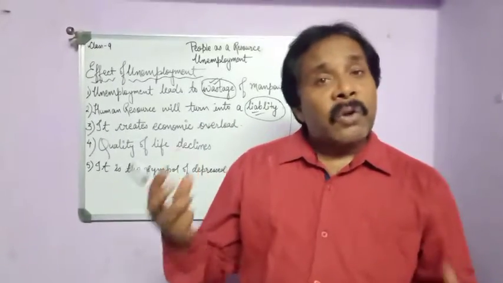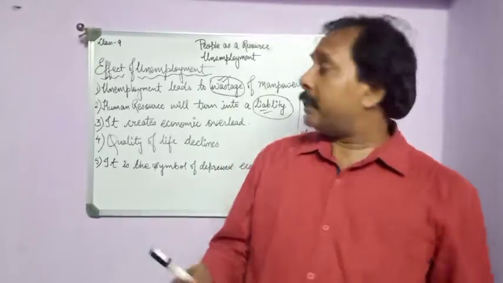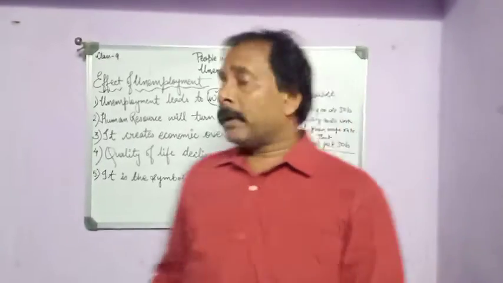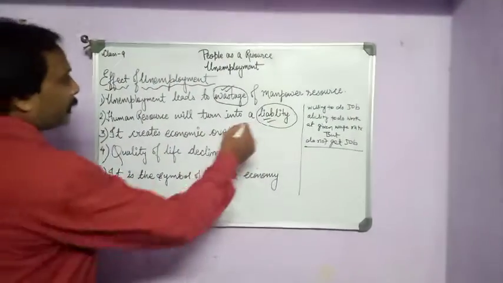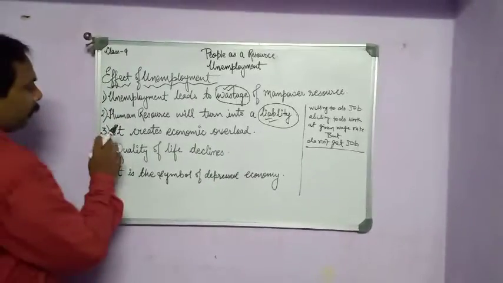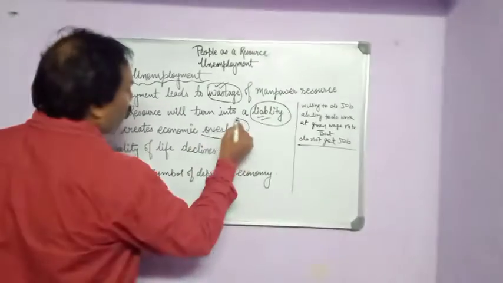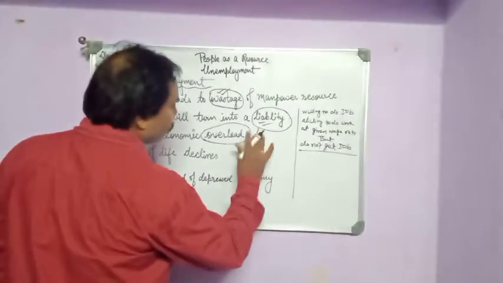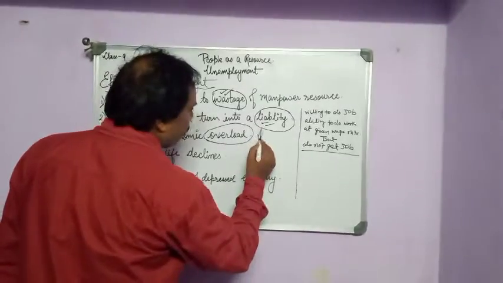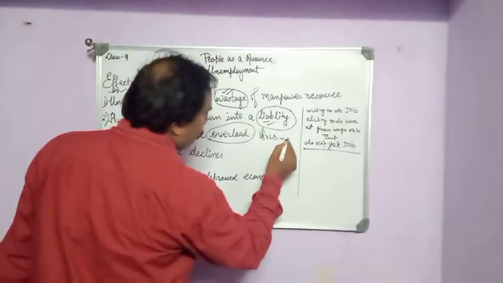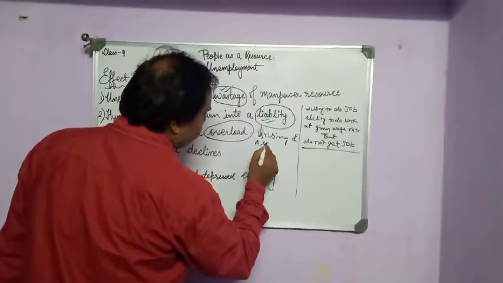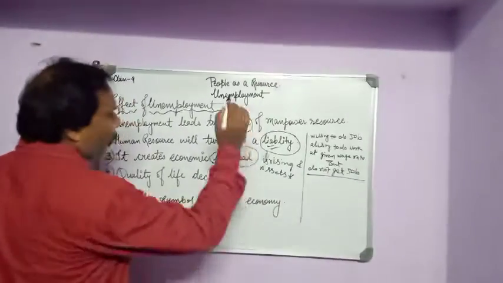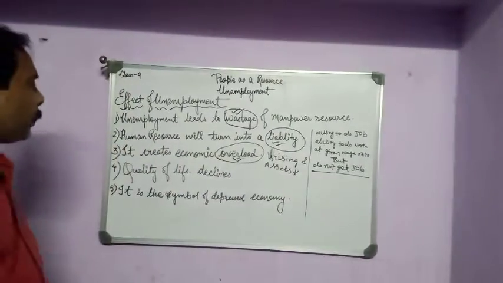So their knowledge is not being utilized. It has created the problem of liabilities. If more and more liabilities are created in the economy, what will happen? Economic overload will be created, meaning liabilities are rising and assets are declining.